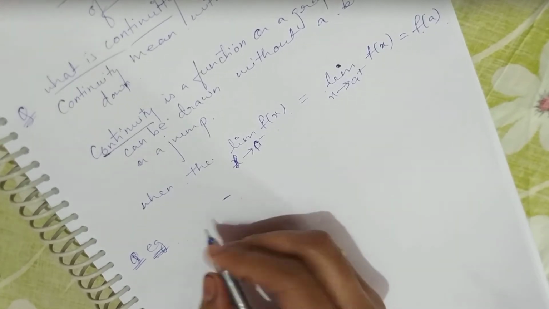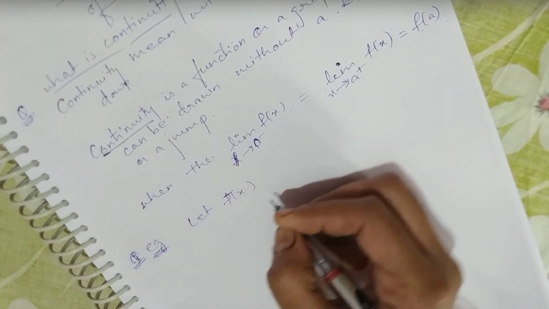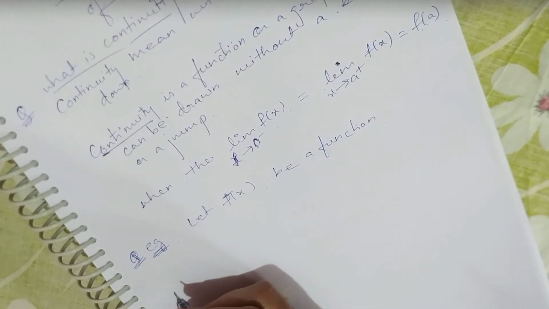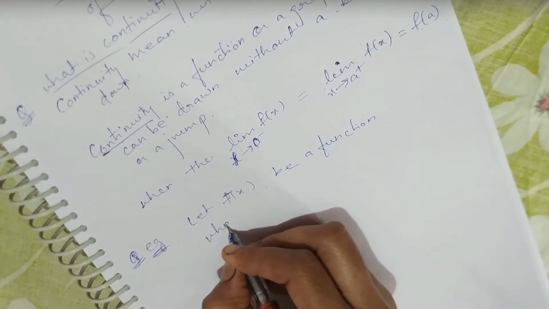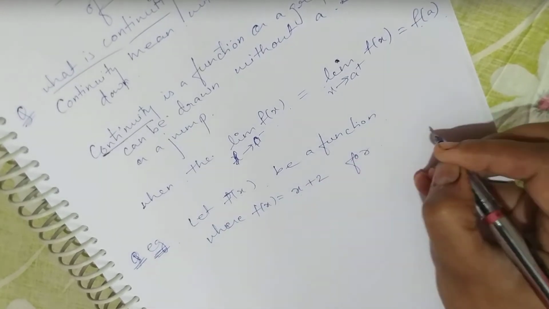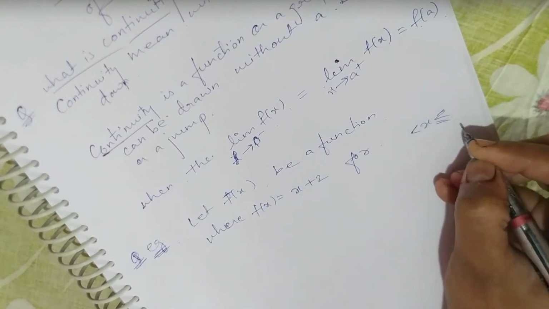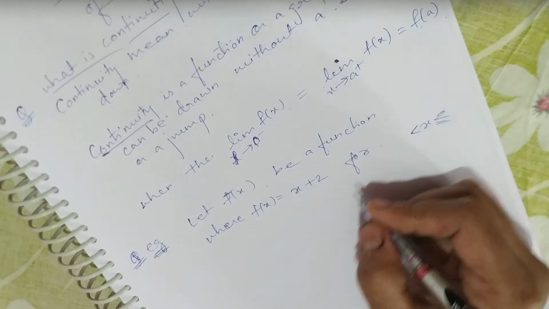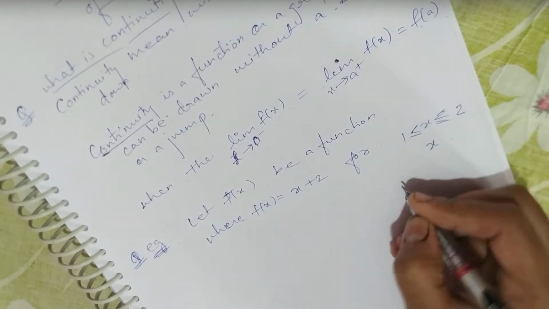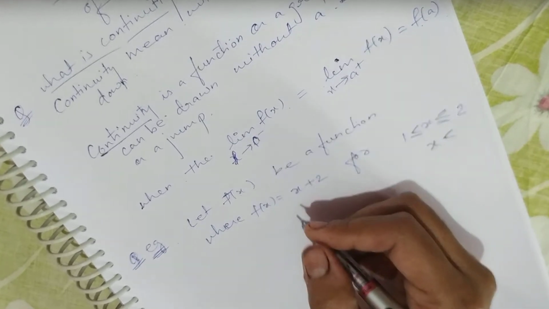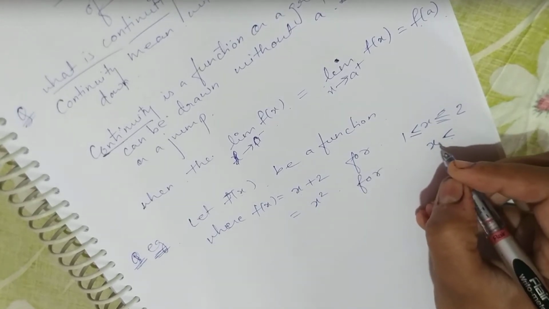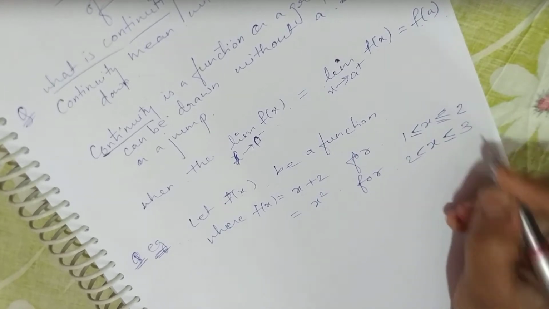Example: let f of x be a function where f of x is equal to x plus 2 for x lying between 1 and 2, and the function is x square for x lying between 2 and 3.